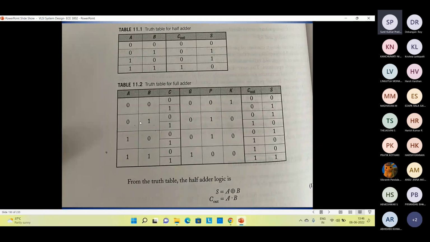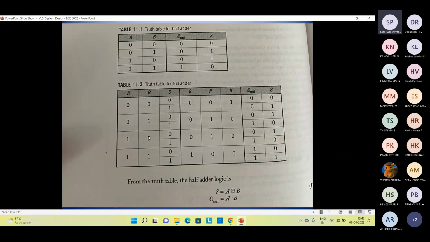Similarly, for inputs A and B as 0 and 1, but if the third input is 1, then G will be 0, P will be 1, and K will be 0, and in that case C out will be 1 and sum will be 0.